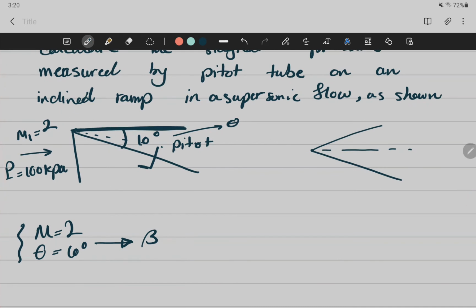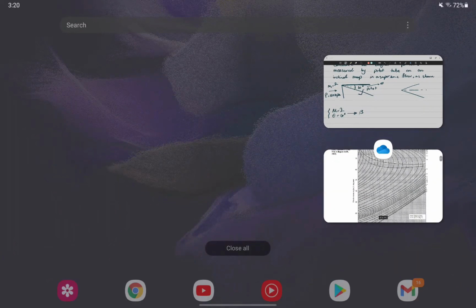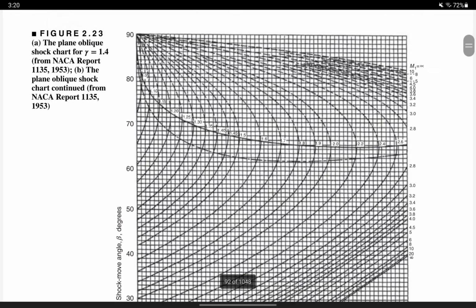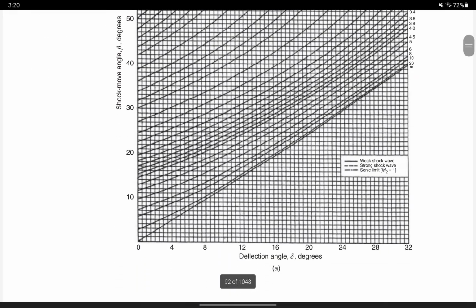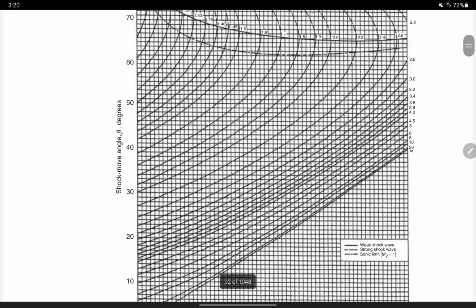So let's go to this. We have the deflection angle theta, 10 degrees somewhere here, and then the Mach number 2. So we should get a beta angle of 30 something.